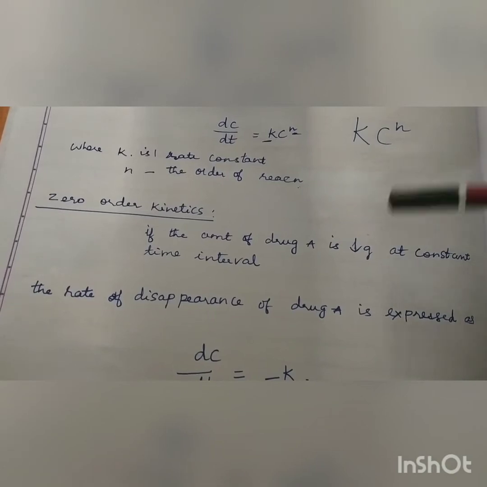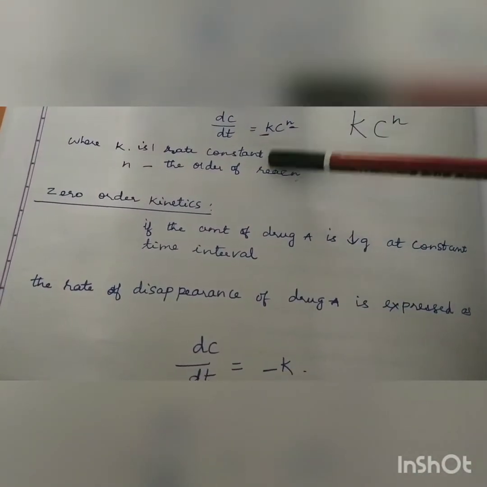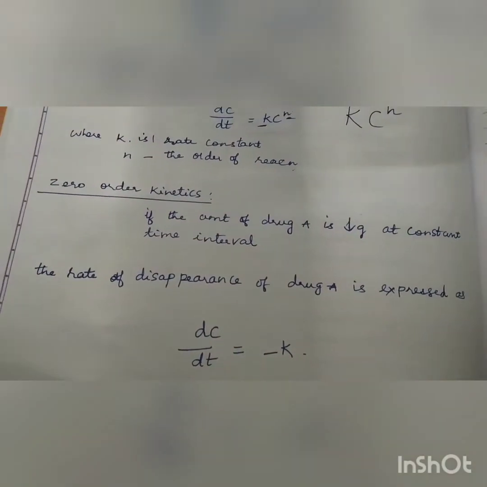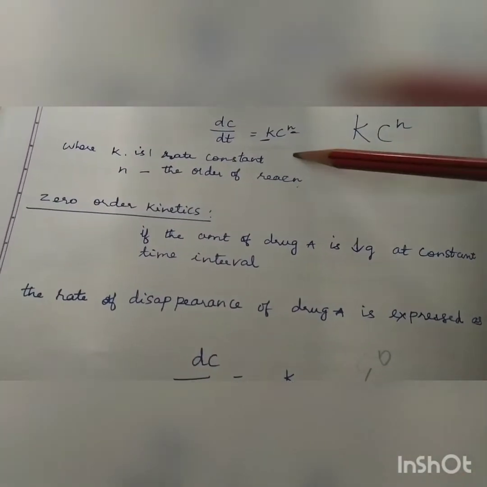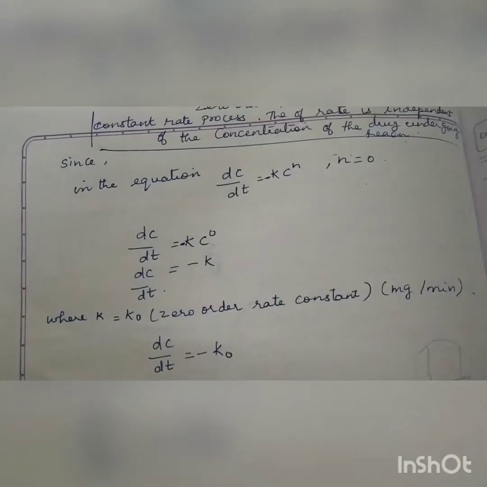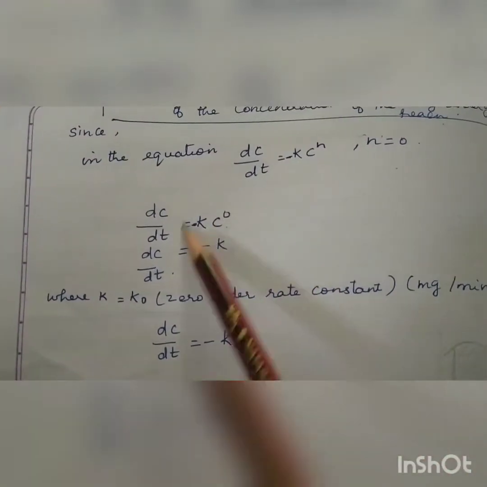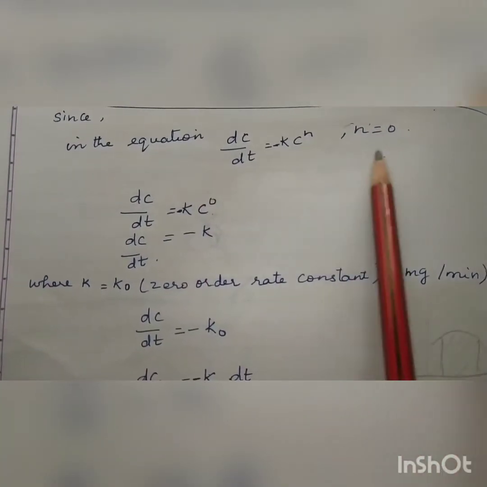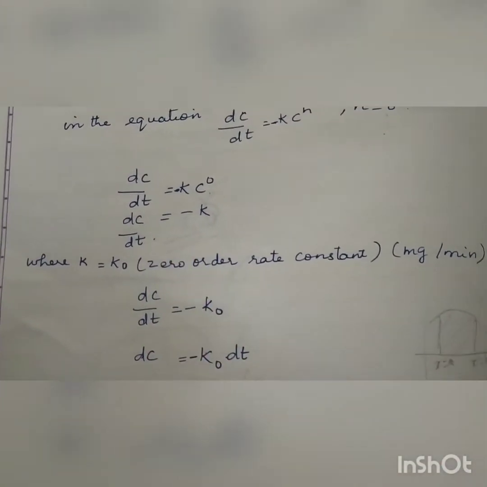C to the power 0 becomes 1. So the same equation can be written like this. Here we are substituting the 0 in the equation.